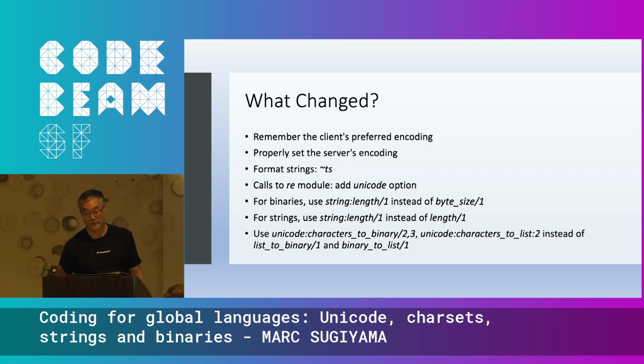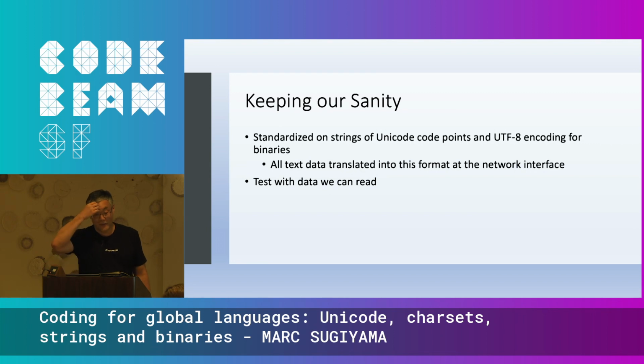To try to keep things a little bit more sane, we decided to standardize on how we would represent character data. Unfortunately, our code is pretty messy, sometimes carrying strings through as lists and sometimes as binaries.